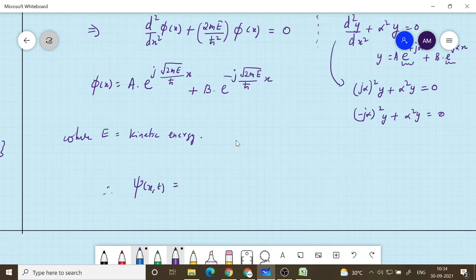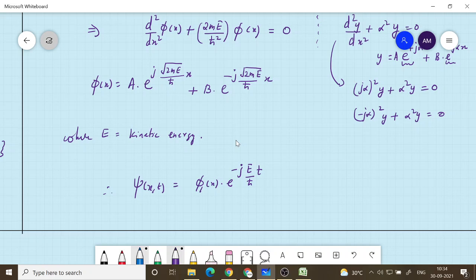I have the first solution phi 1 of x, and it will be multiplied with e raised to minus j E by h cut t. So that is one solution.